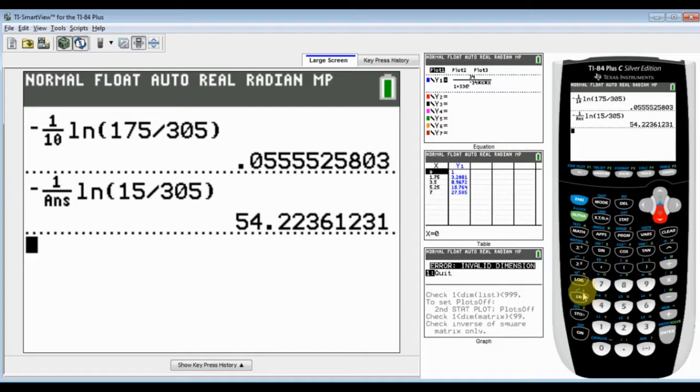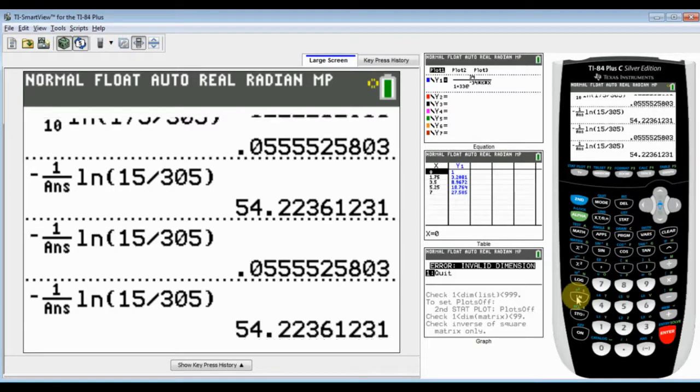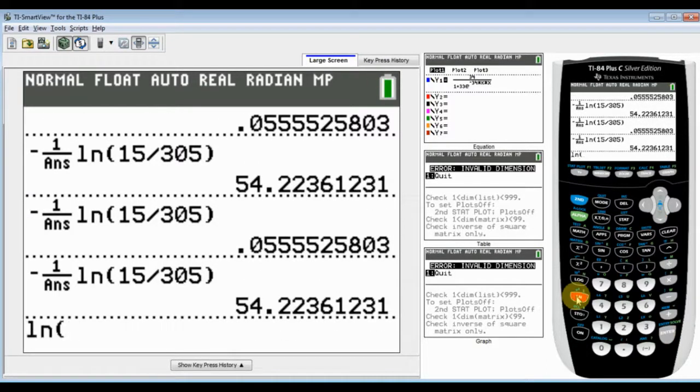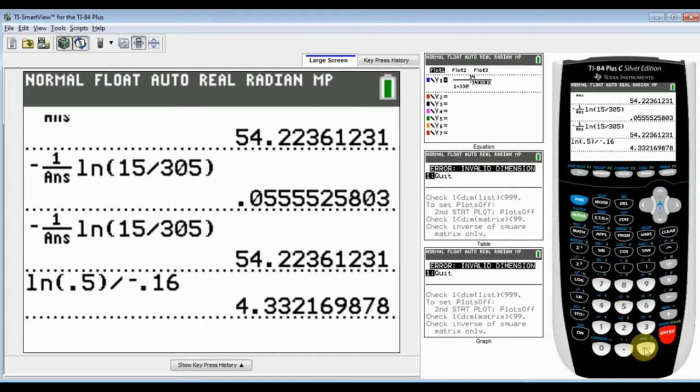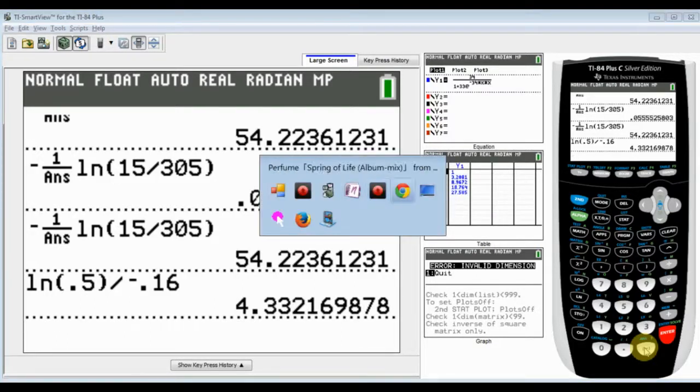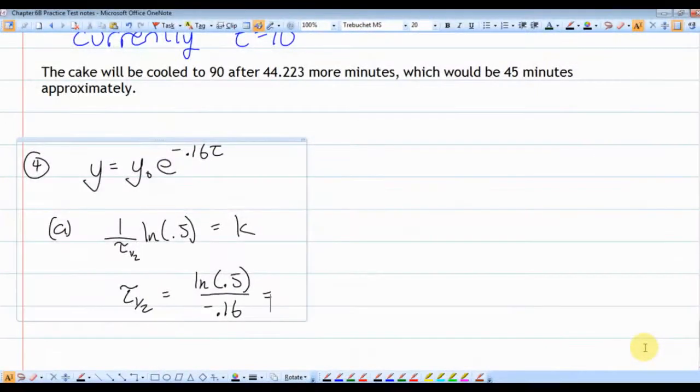Okay, so the natural log of 0.5 divided by negative 0.16 equals 4.332 years.